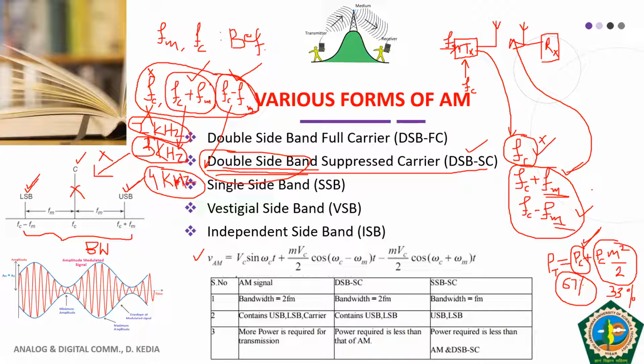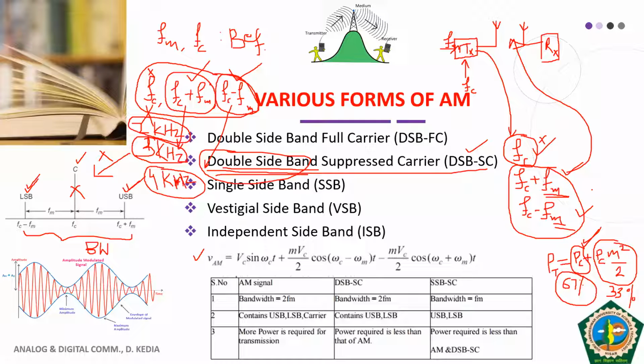I told you that we are thinking of removing the carrier, and the main logic behind that is that 67% of the power is present in the carrier part, and we have already obtained the modulation sidebands. So we can think of removing the carrier, and by removing it, we are able to save the power.